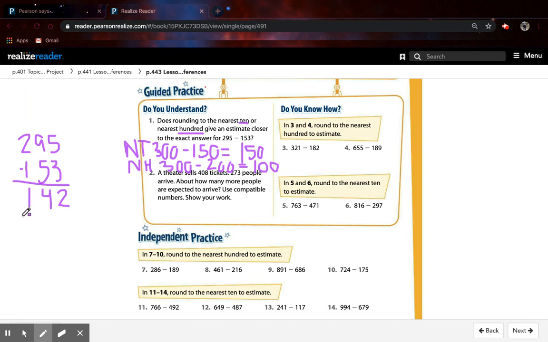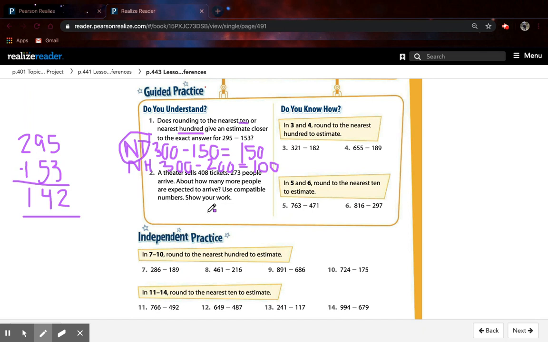So is 142 closer to 150 or to 100? It is 8 away from 150, and it is 42 away from 100. So rounding to the nearest 10 gets me closer to the exact answer.